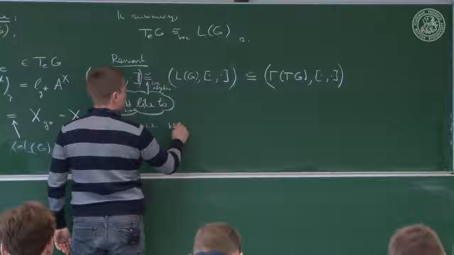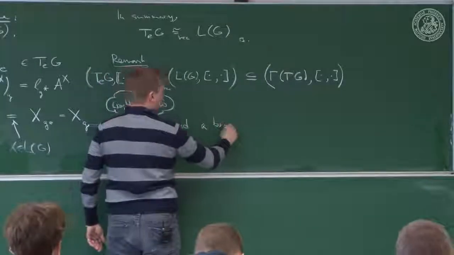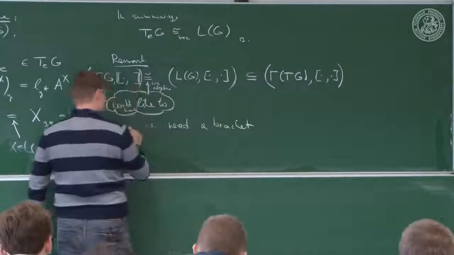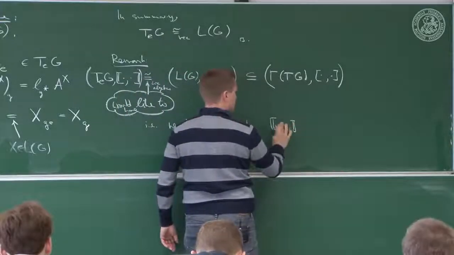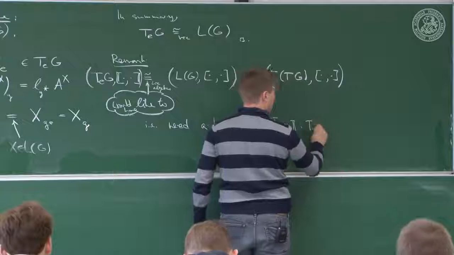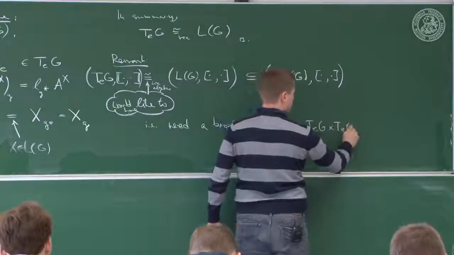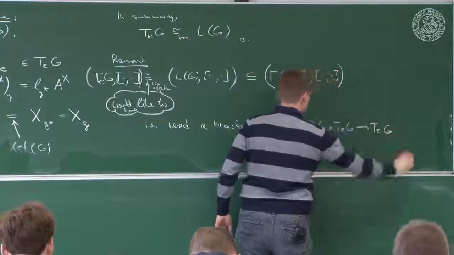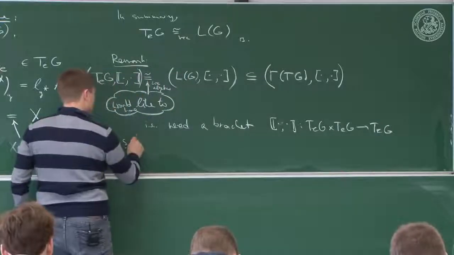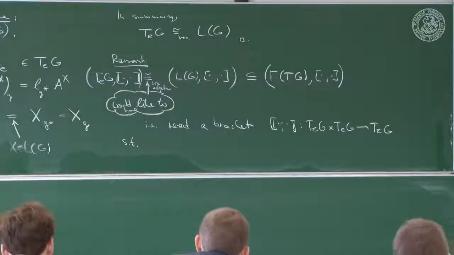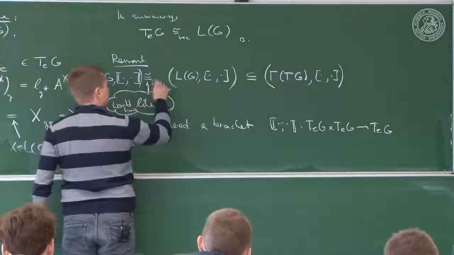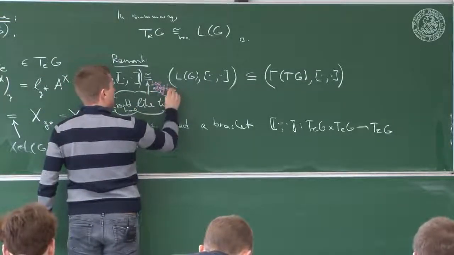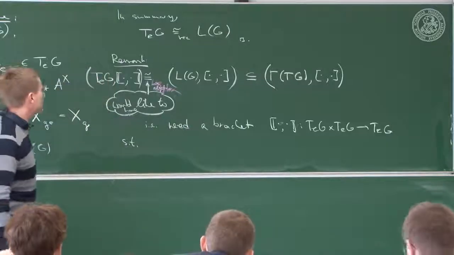That is, we need a double bracket. The double is only to show it's a different bracket. A double bracket on TEG cross TEG into TEG, such that, and this is the structure preserving property, we want this to be an isomorphism of Lie algebras.